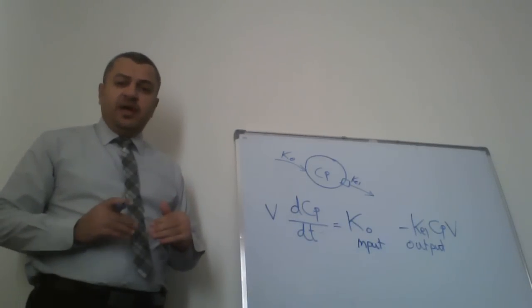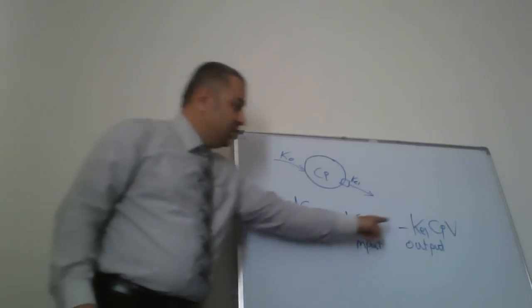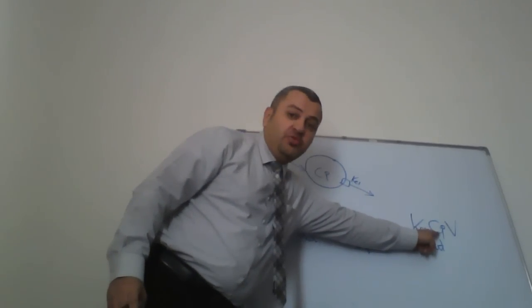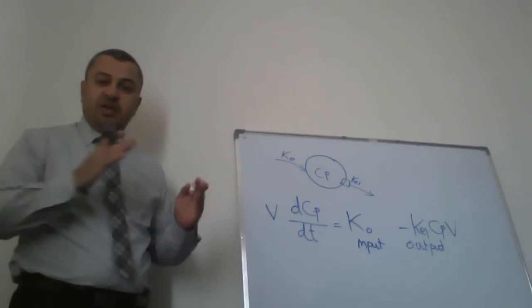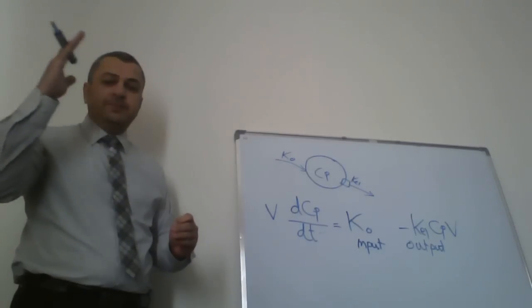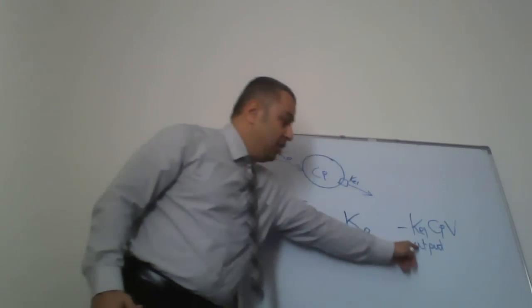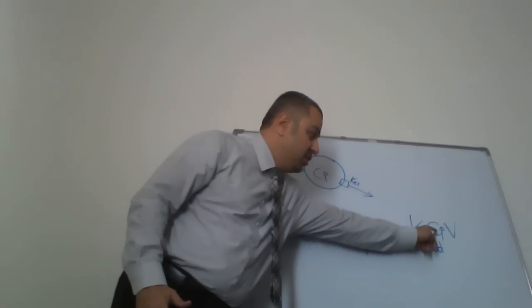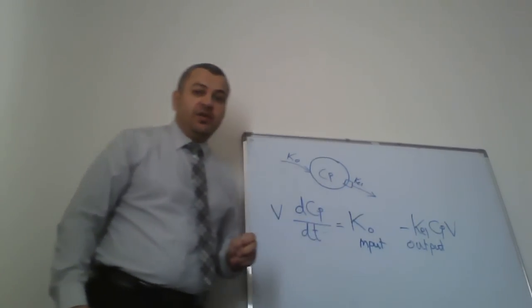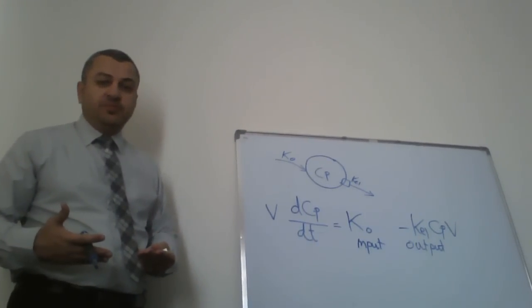After that, what happens? Concentration will start to increase. Because concentration is increasing, starting from zero, the output will also increase, because the output is first order. So the higher the concentration, the higher the output.